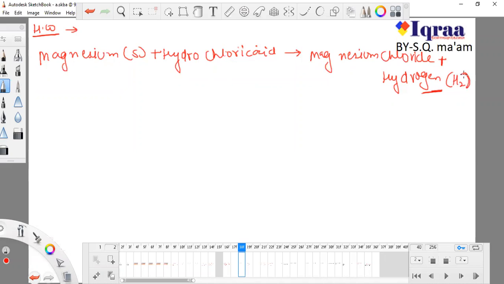This is a gas. If you forget to write this in the formula, that hydrogen means hydrogen gas, then whatever you try, even if you take the help of any other source, you will not be able to balance this. If by misunderstanding or forgetting you write hydrogen instead of H2, you will not get your results.